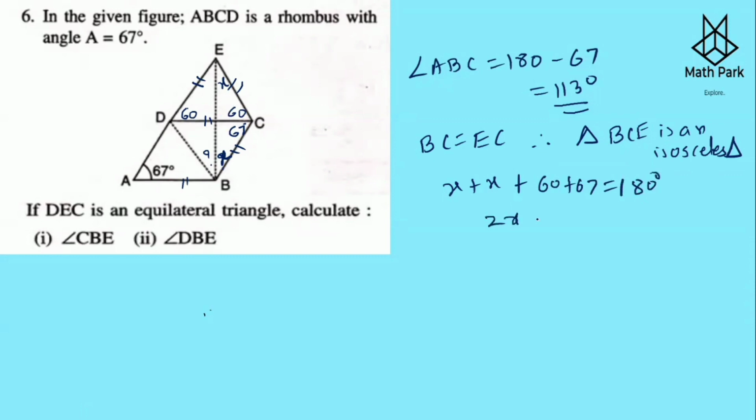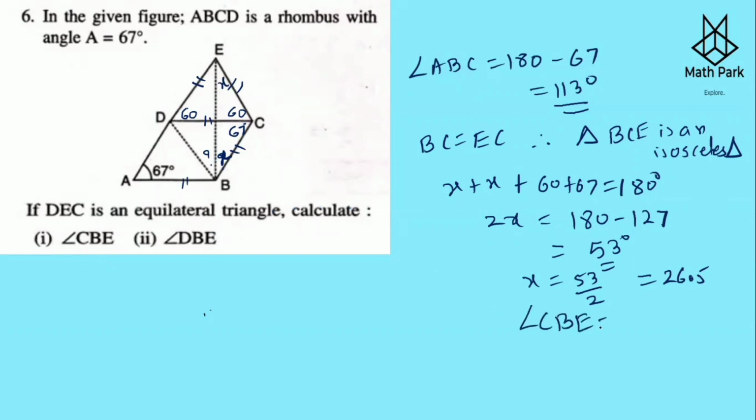So we get 2X is equal to 180 minus 127, which is equal to 53 degrees. So X is equal to 53 divided by 2, which is 26.5 degrees. So this is how we got angle X, which is nothing but angle CBE. We got angle CBE is equal to 26.5 degrees.